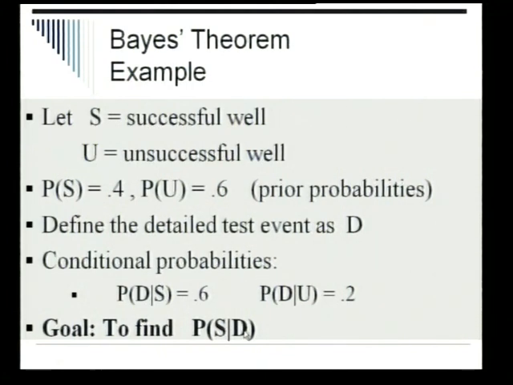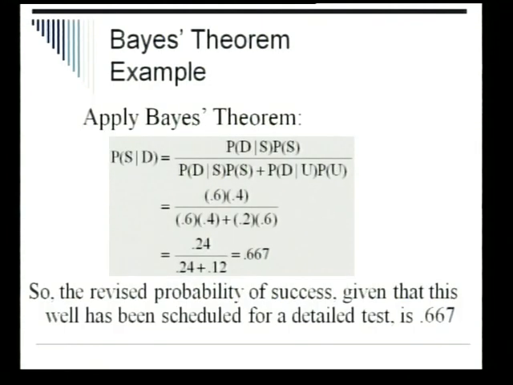So how do we obtain it now? We need to find the probability of a detailed test first of all. So directly we can apply the Bayes theorem. The detailed test can occur either with a successful well or with an unsuccessful well. So the denominator is D intersection S union D intersection U, and by the law of multiplication we can write P(D given S) into P(S) plus P(D given U) into P(U).